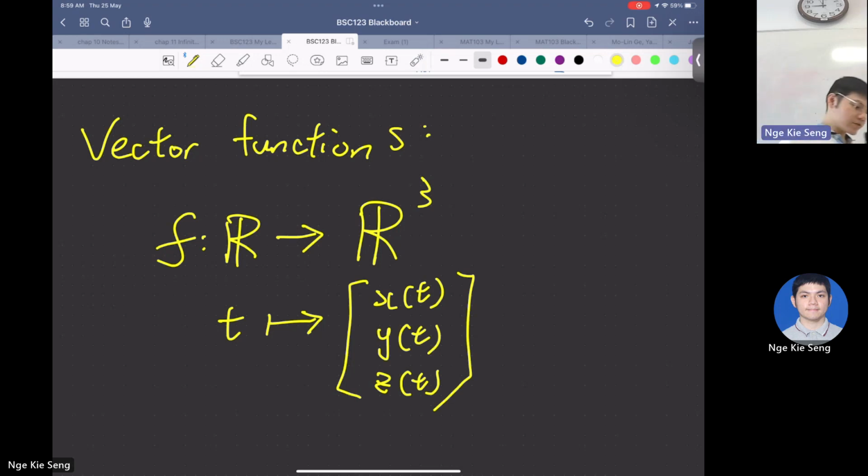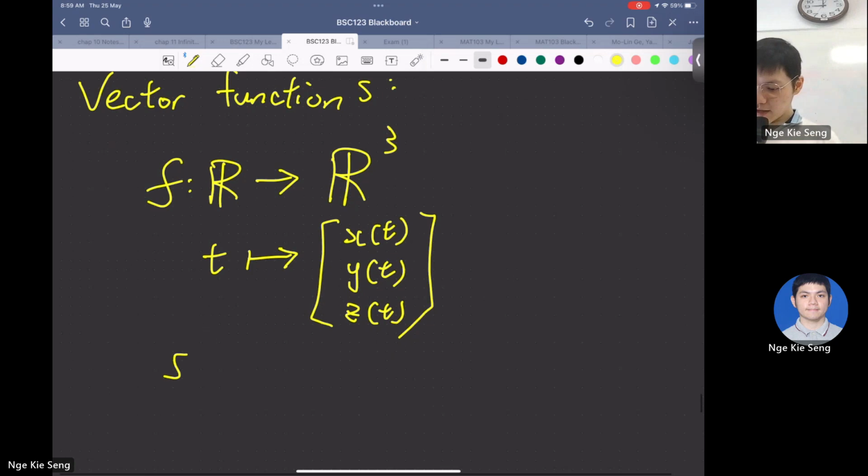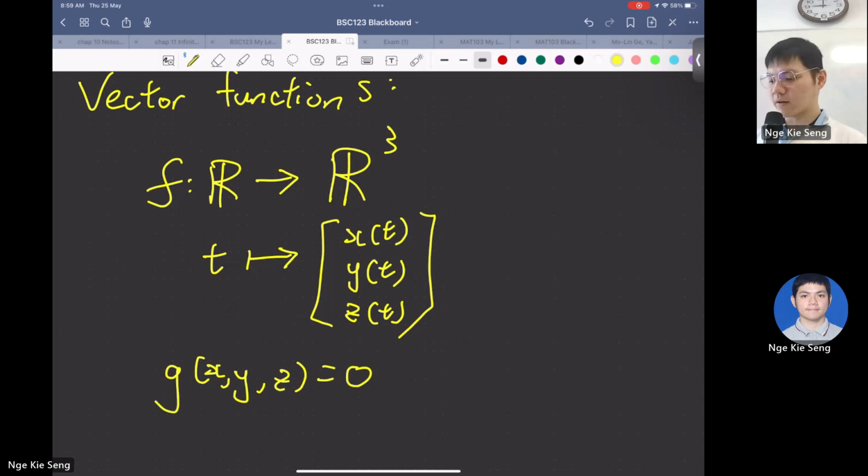We also study surfaces in 3D, right? So for example, we have f(x,y,z) equals 0. So surfaces in R3.